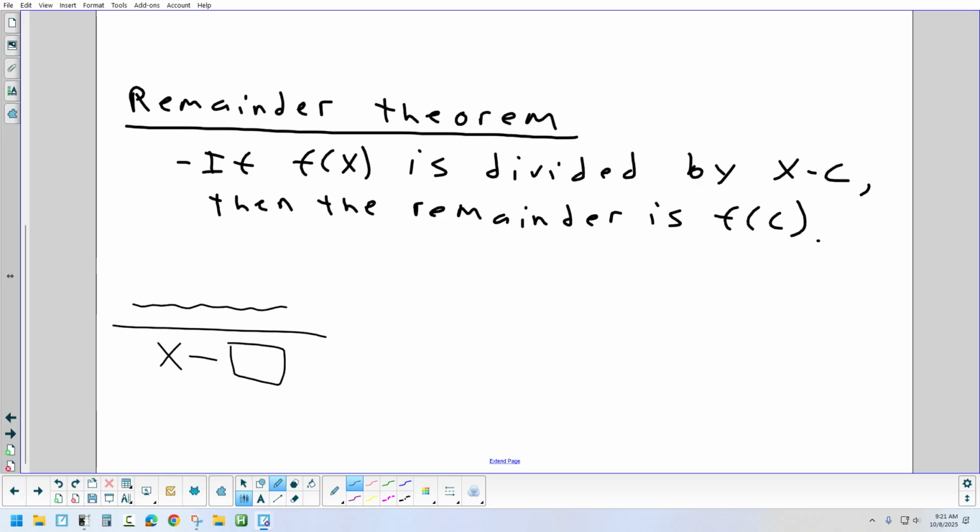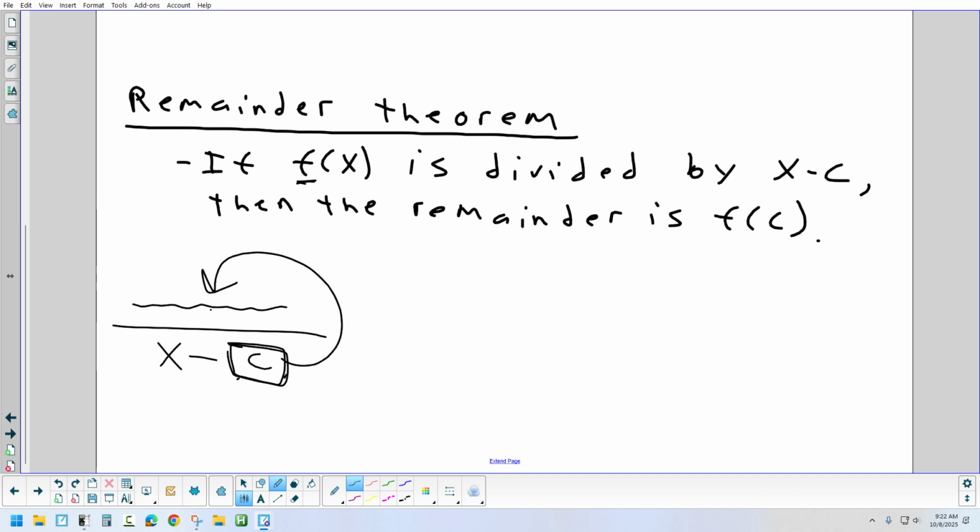If the bottom is x minus a number, then the quick way to figure out the remainder is take the number that's in this box, not the minus sign, just the number, and plug that number into your numerator. If you plug that number into the numerator, you will get the remainder. So I'm plugging that number into the formula, which I'm calling f, in the top.